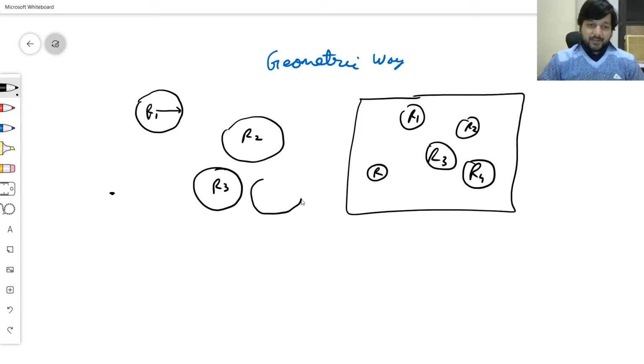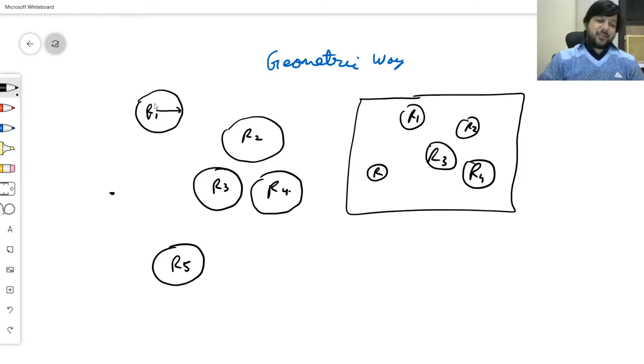And this one is R4. So these are different agents which are around, and let's have R5. By the way, these can collide with each other after inflation by the radius of the robot r. So there's no reason why the inflated ones cannot collide with each other.